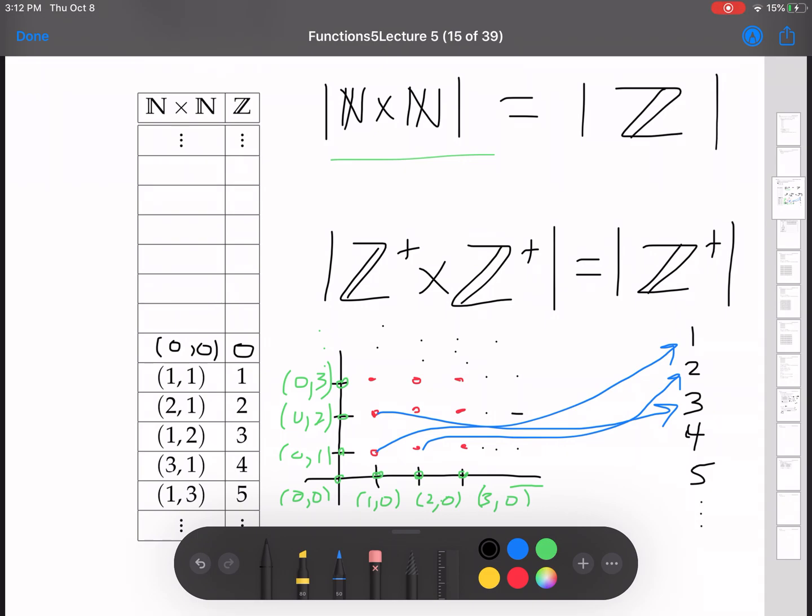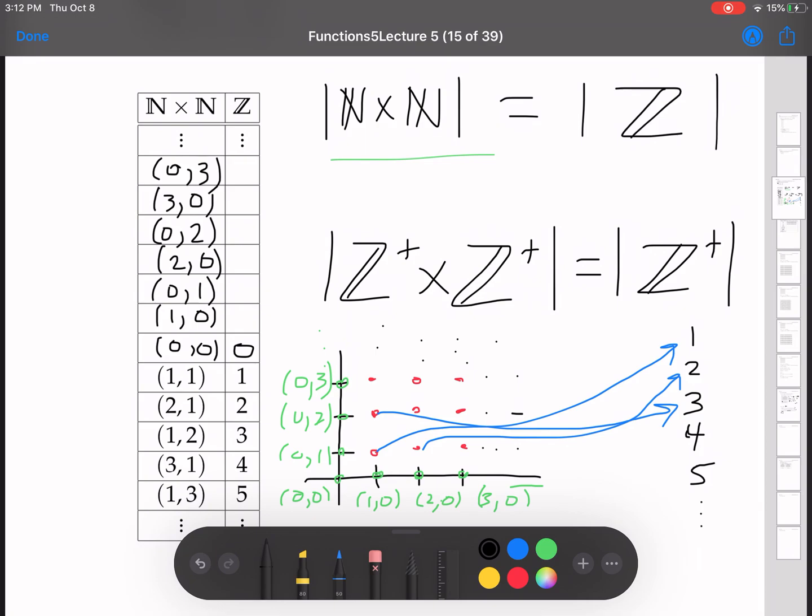All right. And so now I'm going to put 1, 0 in here, and then 0, 1, and then 2, 0, and 0, 2, and then 3, 0, and 0, 3, and I'll continue like that forever and ever.